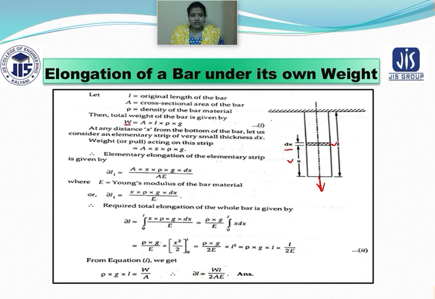Again I am repeating: to calculate the elongation of a bar under its own weight, you consider an elementary strip, and you first calculate the change in length, or the elongation, of the elementary strip at a distance of x from its free end. When that is completed, it is very easy to calculate for the entire bar.